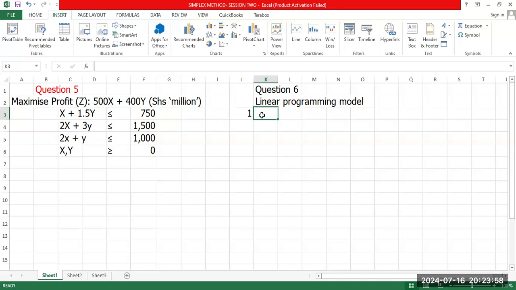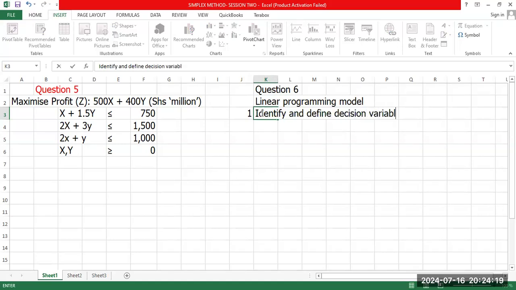Who wants to try? We have 4 steps that we normally follow. What is the first step? Identify and define the decision variables. Perfect. We have to identify and define decision variables.